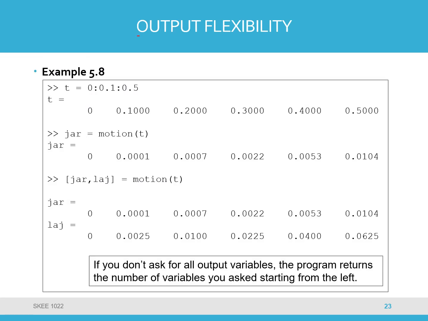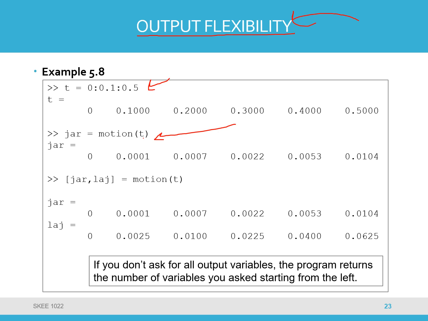Okay, we move on to the output flexibility. Remember that when you use input, you have to make sure that the input is enough. Cannot be more, cannot be less. But for the output, it can be flexible. This one is time. Of course you don't have to use the for loop.